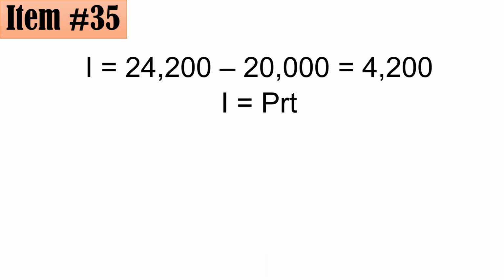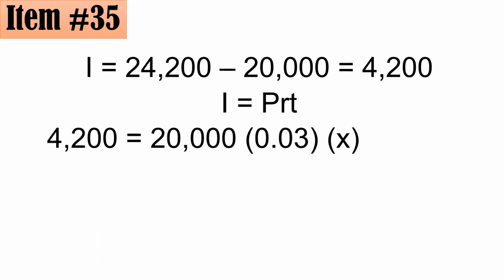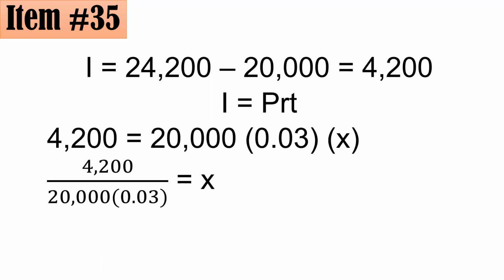And knowing that, again, I equals PRT, we are going to solve for the time in years. So 4,200 is our I, or interest, equals the principal amount, which is 20,000. The rate was 3%, or 0.03 as a decimal, times our time is X years, so X. And dividing both sides na lang, no?